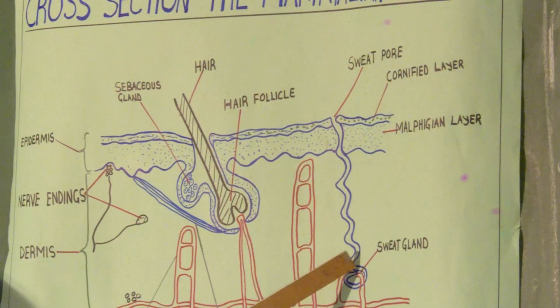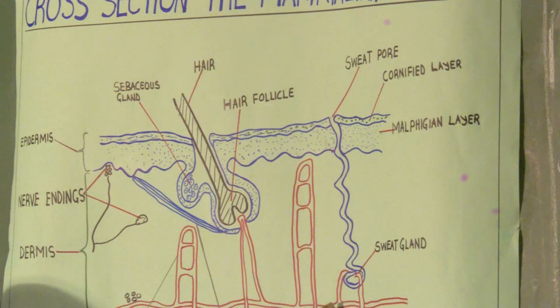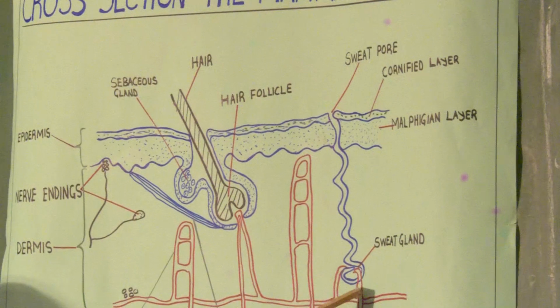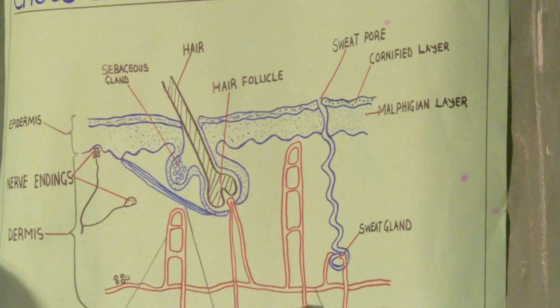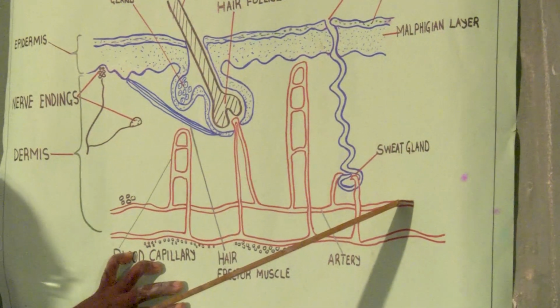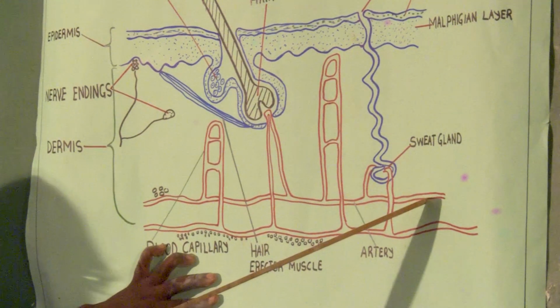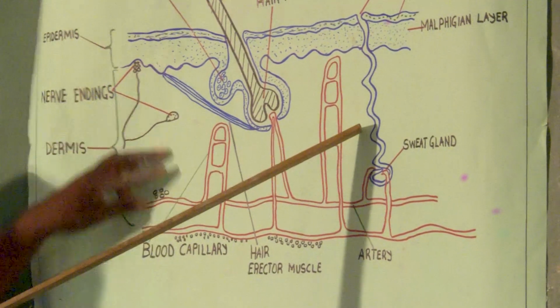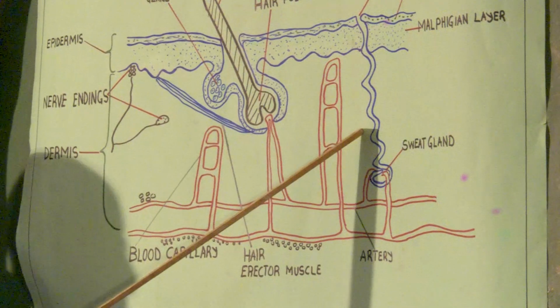Now this sweat gland is connected to the blood vessels there. So from there, the heat energy is going to be transported by the body.